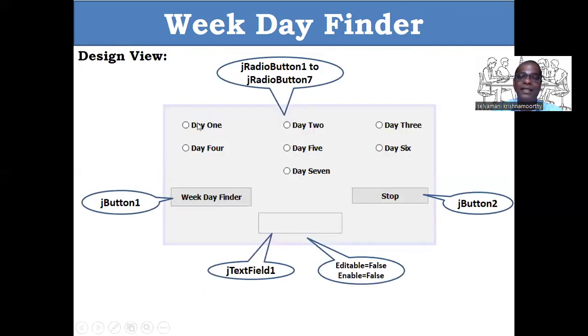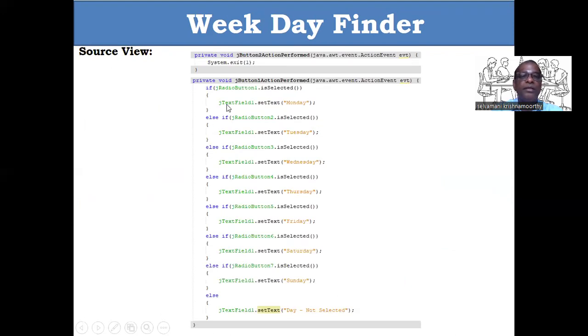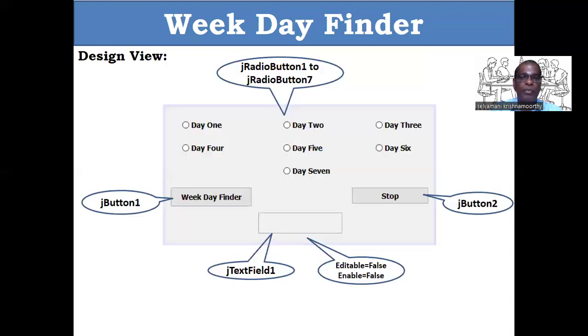That means jRadioButton1.isSelected returns true. True means this statement will execute, the statement that follows the if. What is inside? jTextField1.setText("Monday"). Already we studied setText. That means Monday will be displayed in J text field 1.